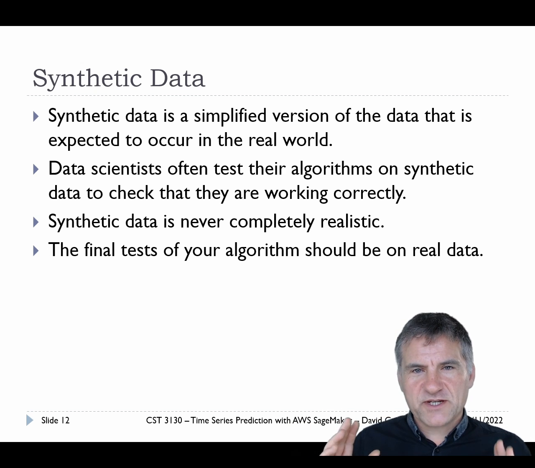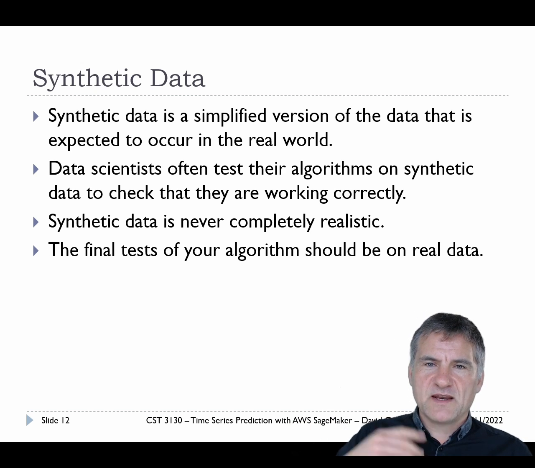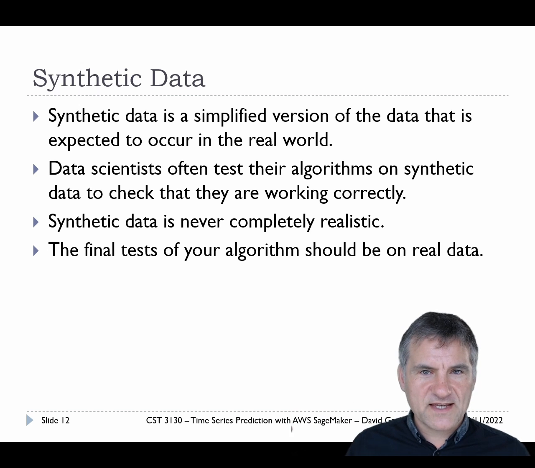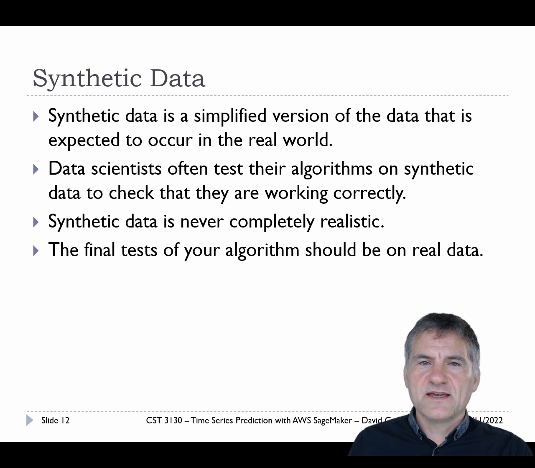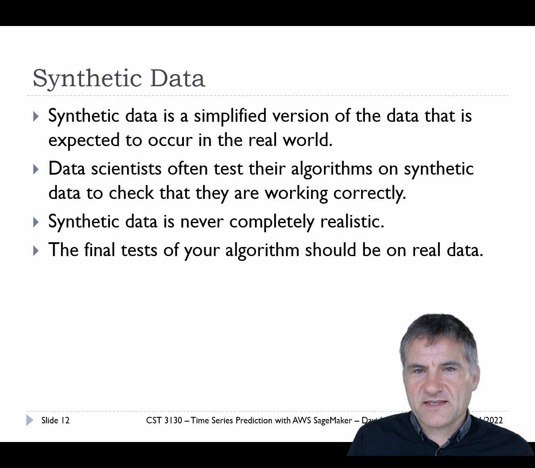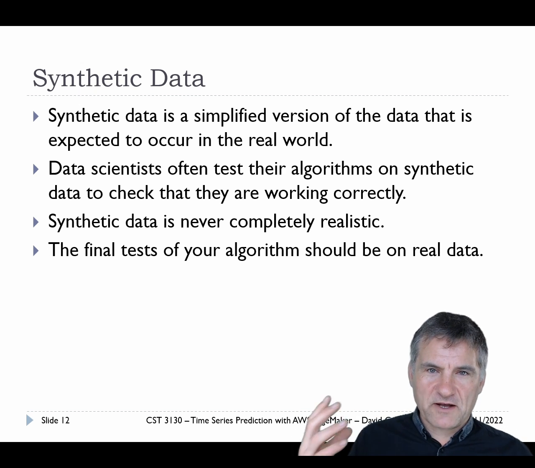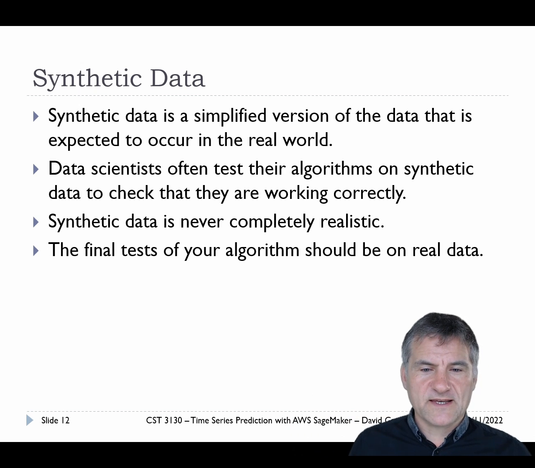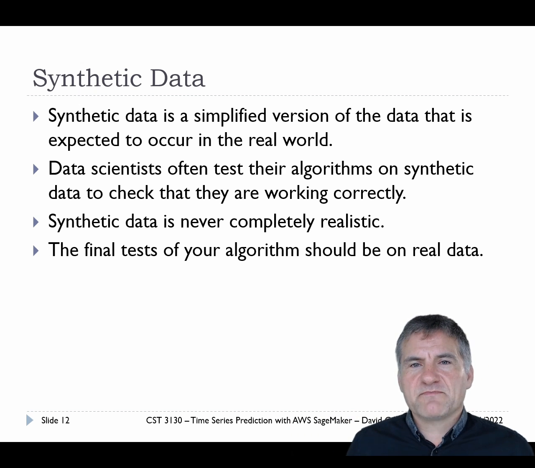So one way to check that the machine learning is actually working is we can just write a bit of computer code that generates some synthetic data, and then feed that into the algorithm and see if it works well on the synthetic data. And then if similar patterns exist in the real data, then our algorithm should also work on the real data. So synthetic data is never completely realistic.